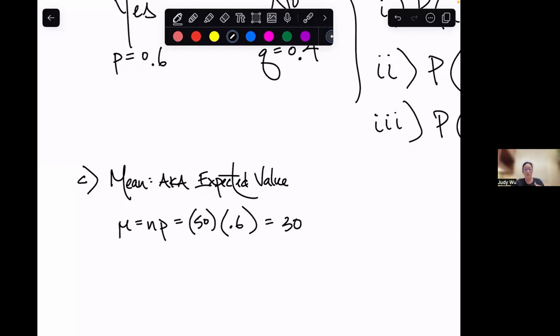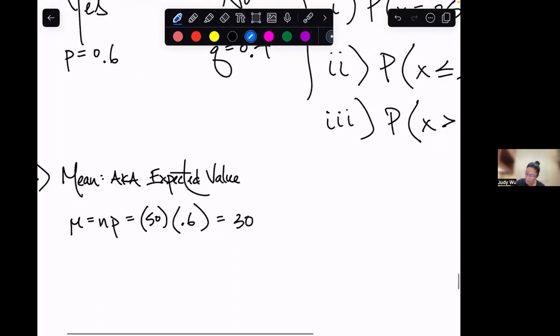Okay. But what does this mean? This 30 means that on average, you will find 30 American adults out of 50 who prefer saving. All right, let me write that down.